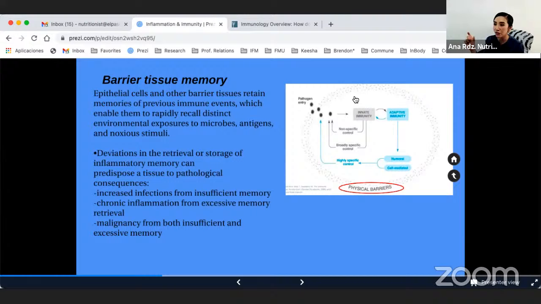And that same information is going to translate to the barrier, and that is going to be the information that these good guys are going to use when they are encountered again by the same pathogen as before. So now they can fight it. They know how to react, and the infection, the inflammation, or the injury will be cured a little bit faster this time.